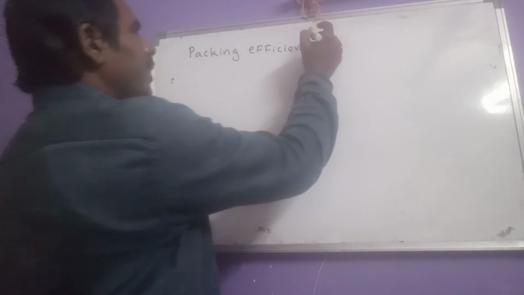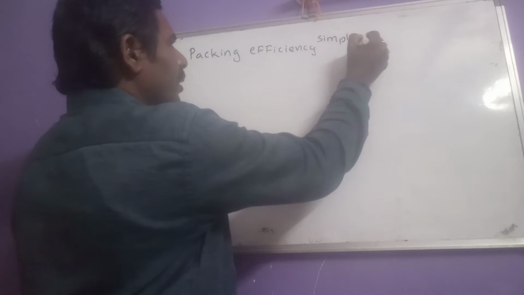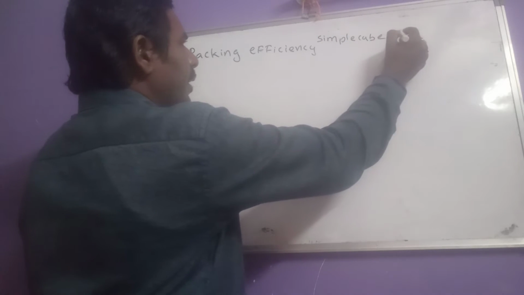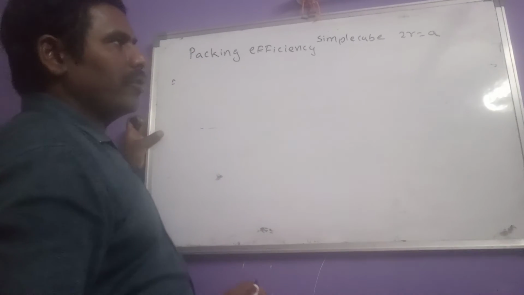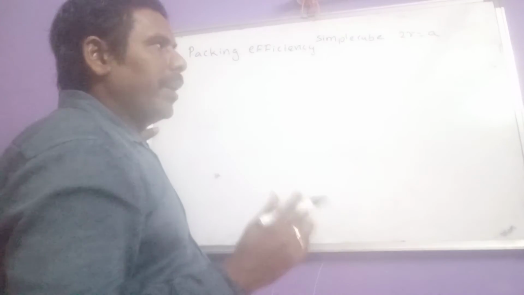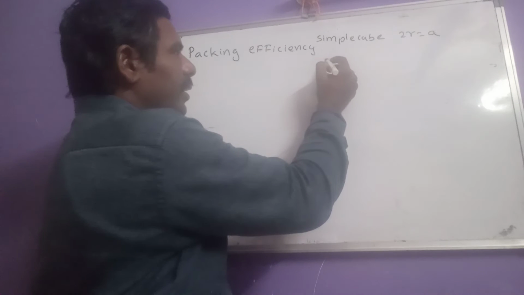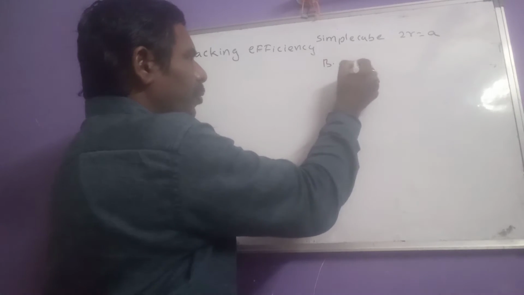So let us see here. In case of simple cube, what is the relation between radius and edge length? 2r equals a, or r equals a by 2. And then another one, body centered cubic.